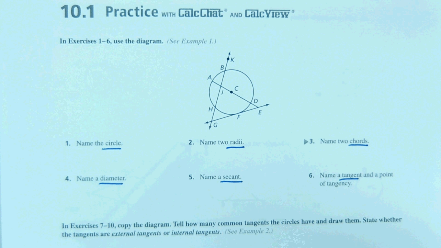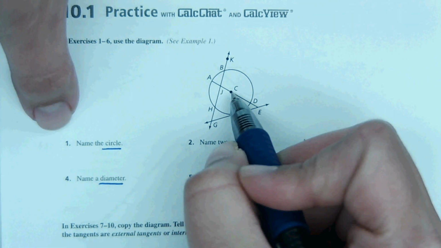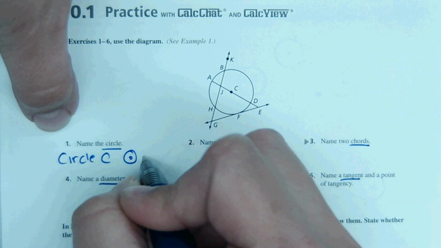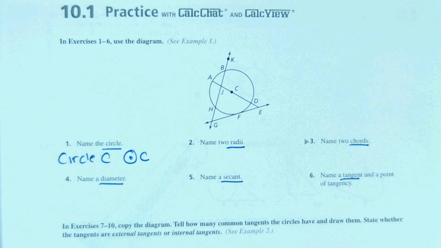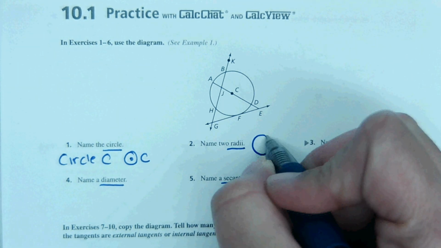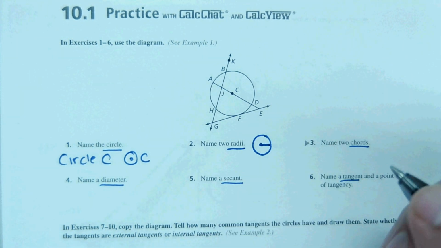So we're going to start with the words we know. It says name the circle. You name the circle based on the center. So this would be circle C. And then two radii. So radius is from the center to the outside.